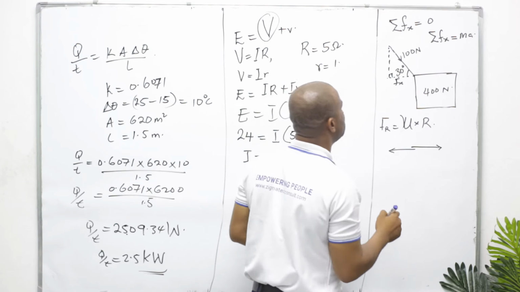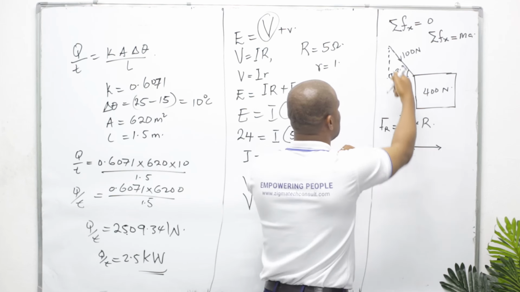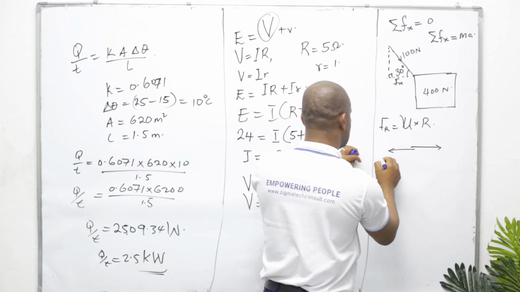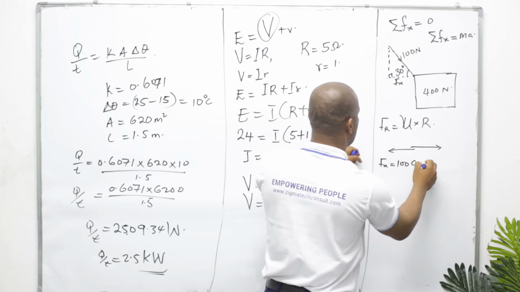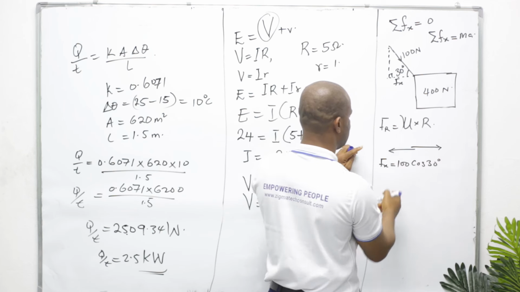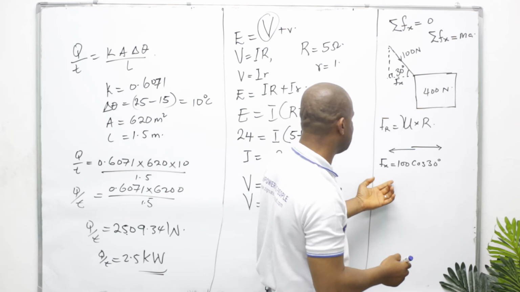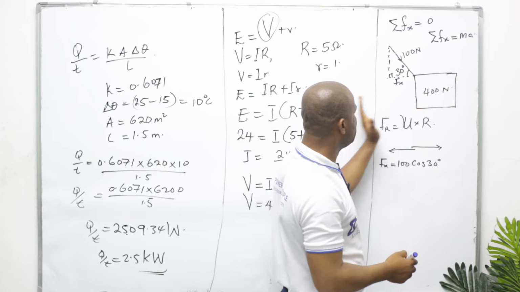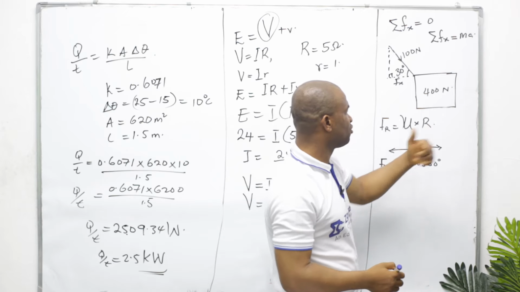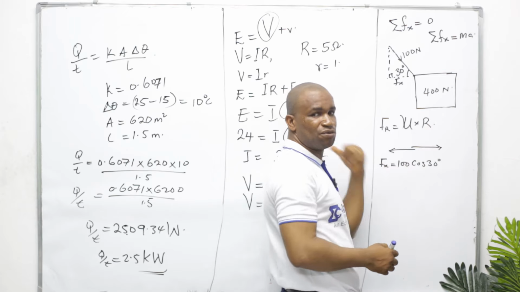So what is it going to be? Fx is going to be 100 cos 30. And this is the force on the horizontal direction. And this is the force moving this body in this horizontal direction, but there is a frictional force pulling it backward.